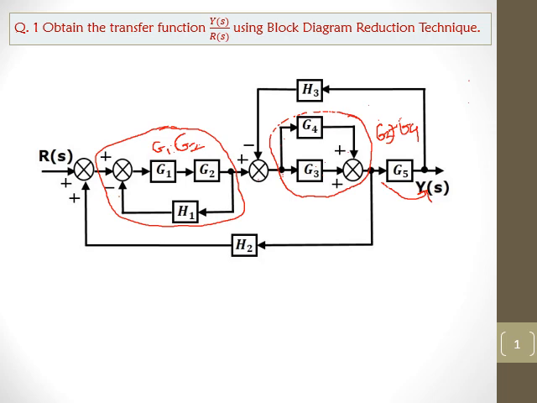Then we can reduce the block, and that complete block will be across this H3, that is the feedback. So first of all, we have to do the analysis of what rules we will have to apply so that the blocks will get reduced. Okay, so first we will see step number 1.